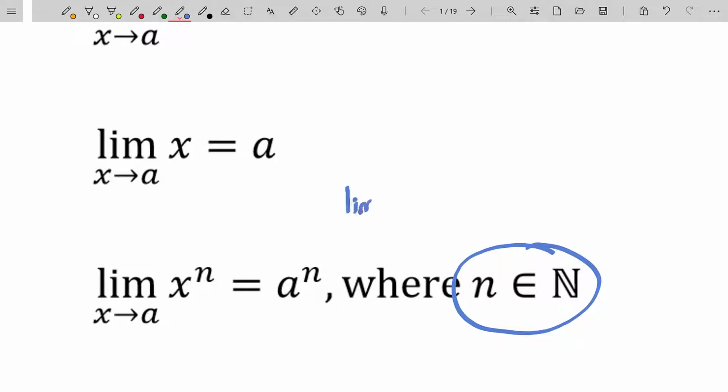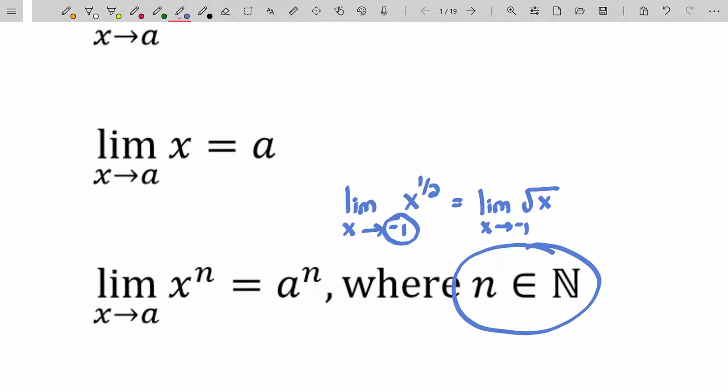There's a problem if you're evaluating the limit as x approaches, let's just say -1 of x to the 1/2 power. As x gets really close to -1, you happen to know, because of your years in algebra, that the 1/2 power of x is the same thing as the square root of x. And this is a problem. As x gets really close to -1, you are taking the square root of negative numbers.